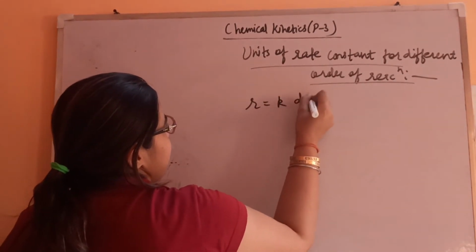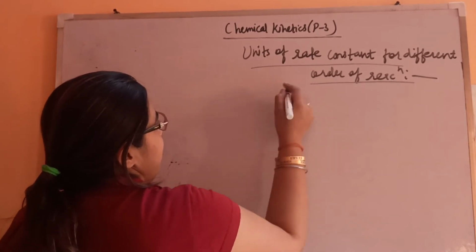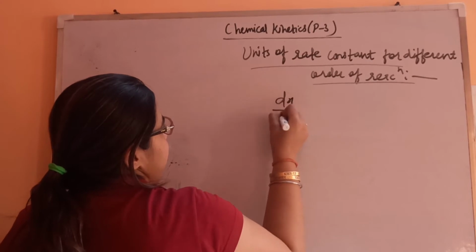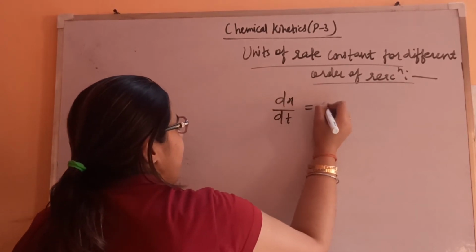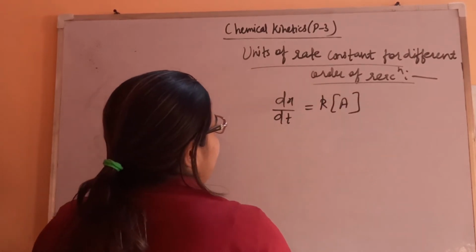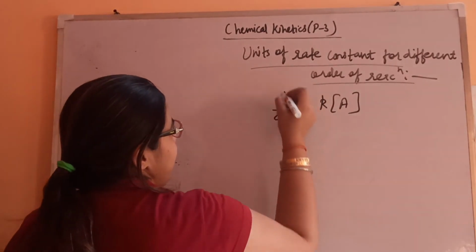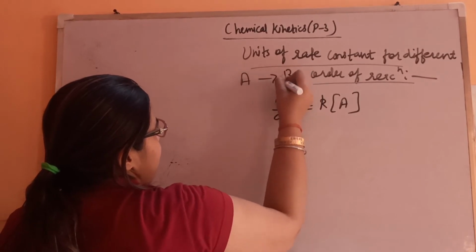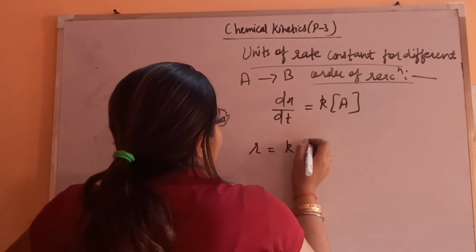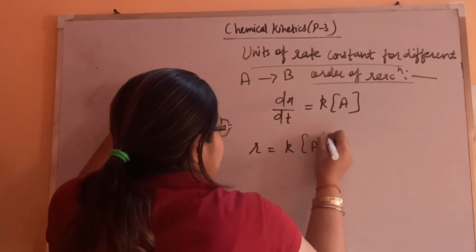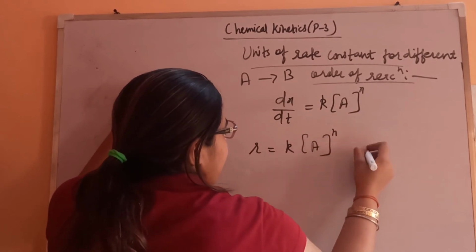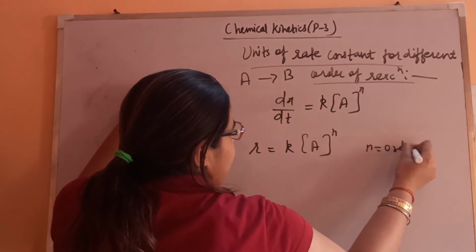Rate is dx/dt equal to K[A]^n, and the reaction is A to B. So we are writing the rate as K times the concentration term raised to n, where n is the order of reaction.